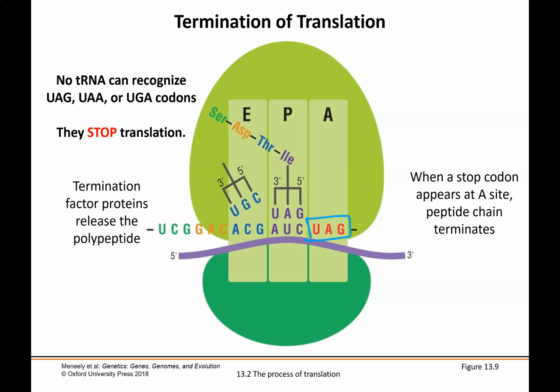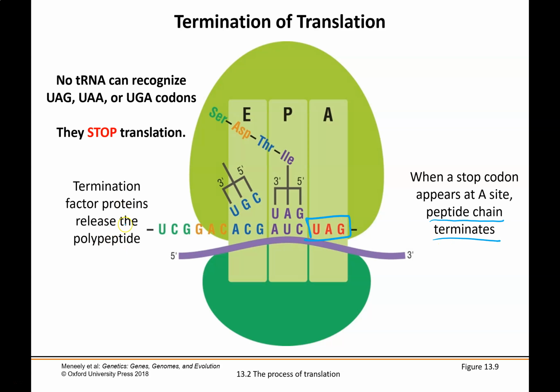So stop codons are unique in that there is no transfer RNA that recognizes a stop codon. So we get to the end and there is nothing new to bring in, and so our polypeptide chain is terminated.